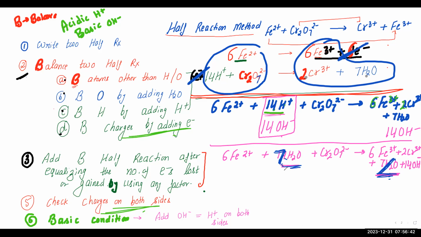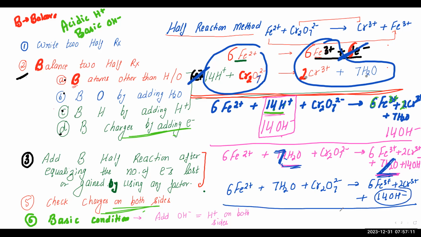So there are 7H2O on the reactant side. And this is your equation: 6Fe 2 plus 7H2O plus Cr2O7 2 minus giving 6Fe 3 plus 2Cr 3 plus 14OH minus.